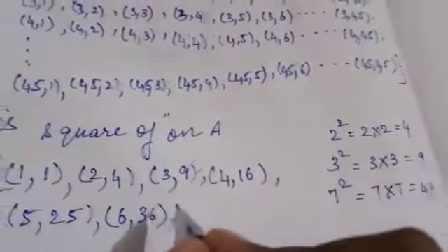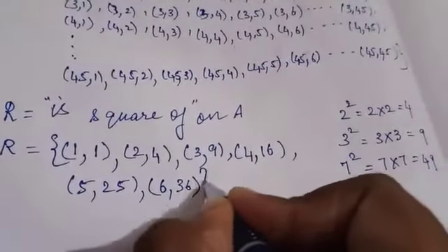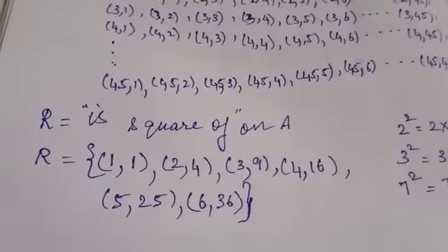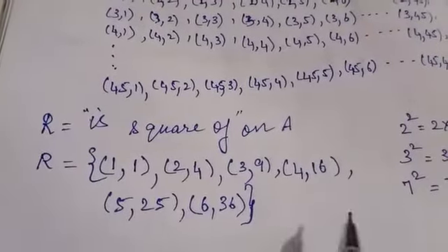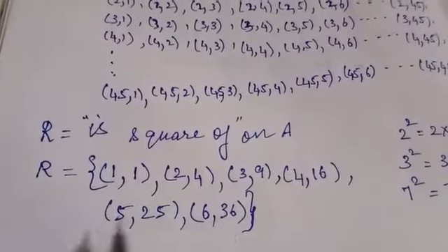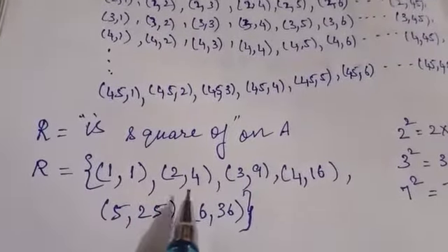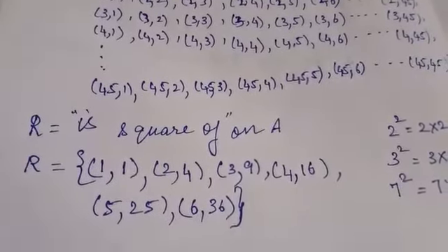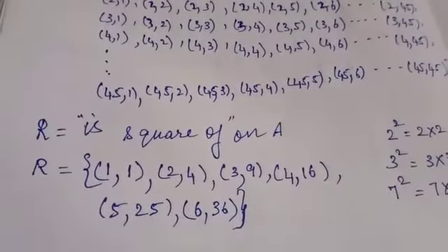So I cannot include the element 7 here, and I am closing the bracket. Understood, students? Now I have found the relation R. The ordered pairs of the relation are (1, 1), (2, 4), (3, 9), (4, 16), (5, 25) and (6, 36).